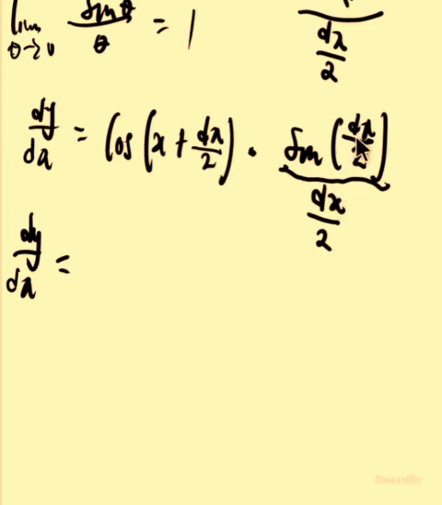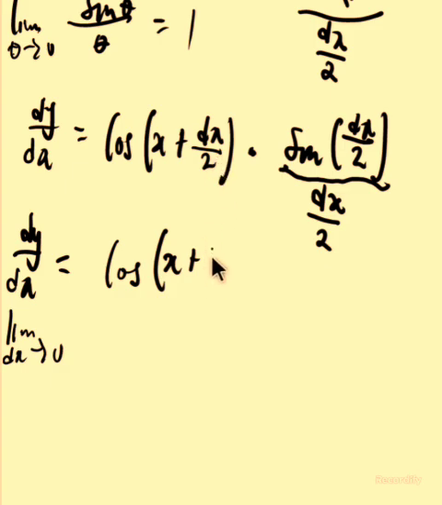If you take the limit as dx approaches 0, then this is going to give me 1. Now the cos of (x plus dx over 2), with dx now 0, is x plus 0 over 2.